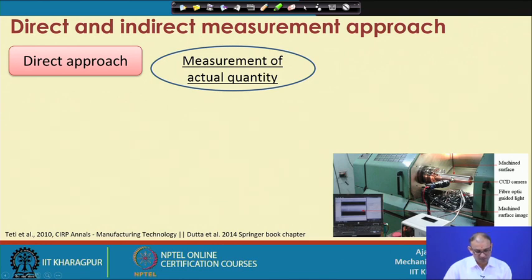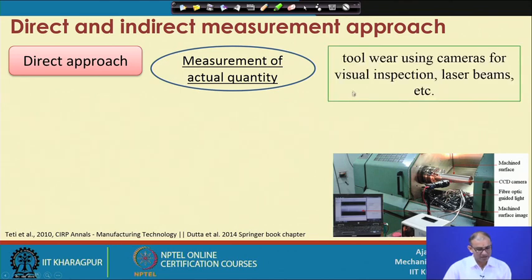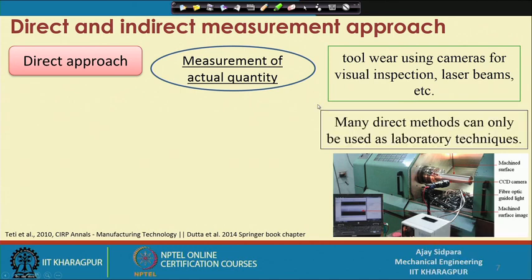You directly put one camera here and capture the images. Based on that you get the machined surface image, and then you do some type of decision making on whether it is correct or not. So, we use a camera for visual inspection, a laser beam, etc. for placement accuracy and everything. These are called the direct approach, because you are measuring directly what is your intention.